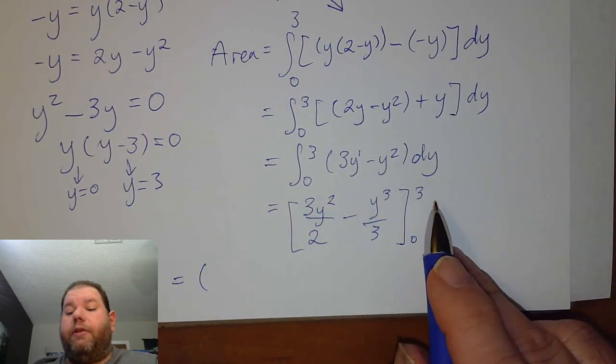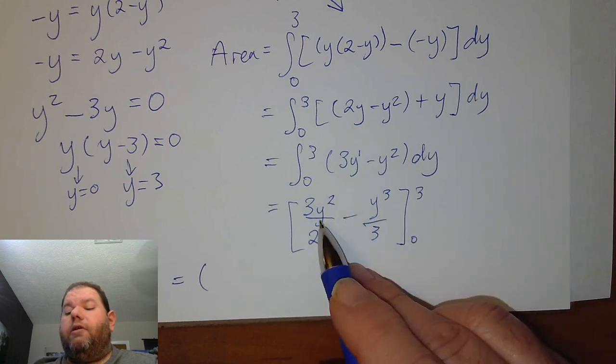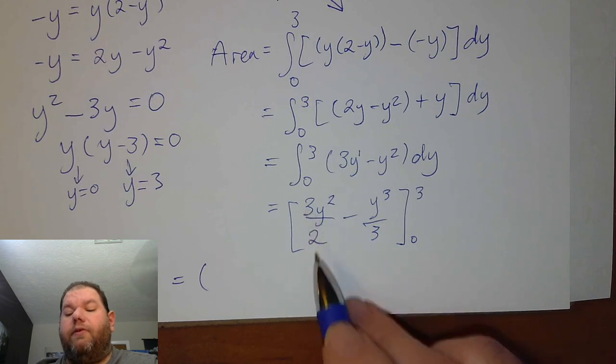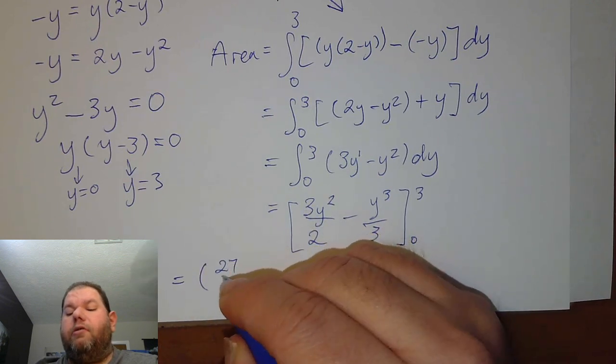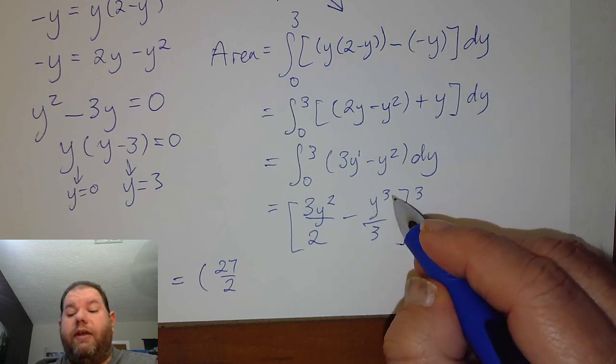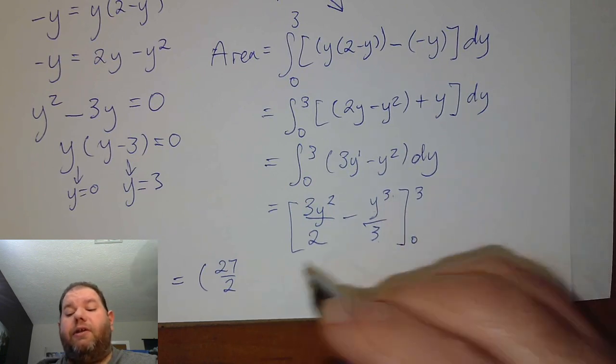So for plugging in 3, first of all, 3 squared is 9 times 3, 27 over 2. Plug in 3 here, 3 cubed is 27, divided by 3 is 9.